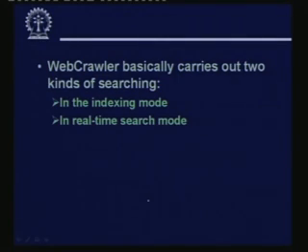Now, as I said, the web crawler carries out searching in two different modes, while it creates the index and while it responds to a user query. So these are the so-called indexing mode and the real time search mode. So let us see how these two work.